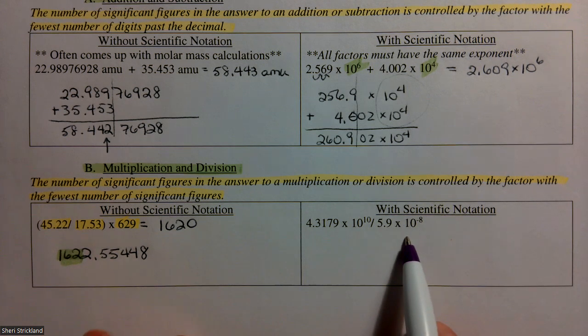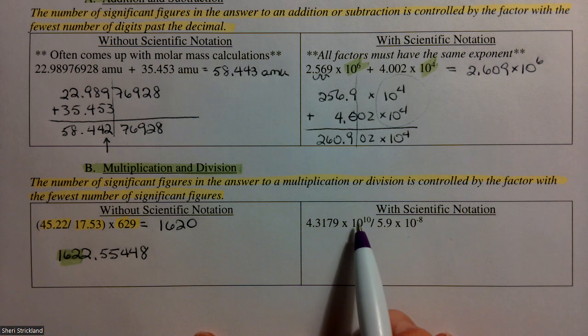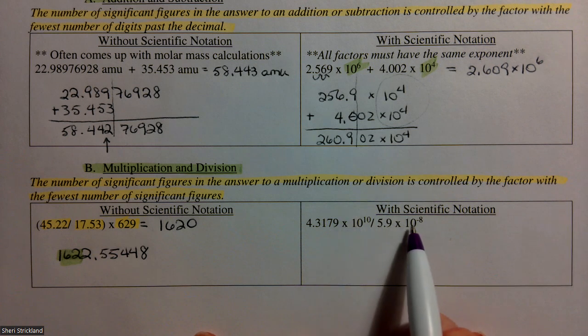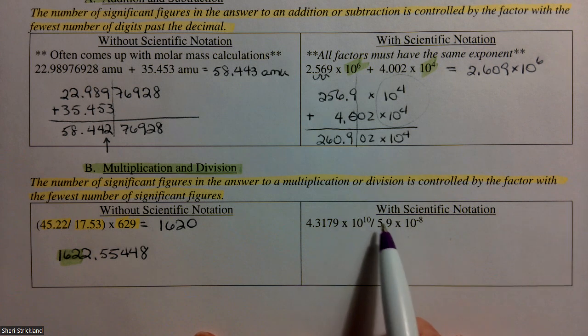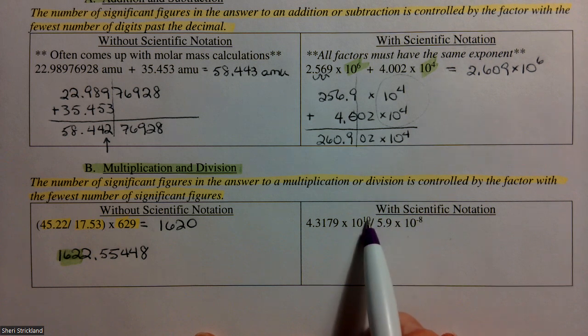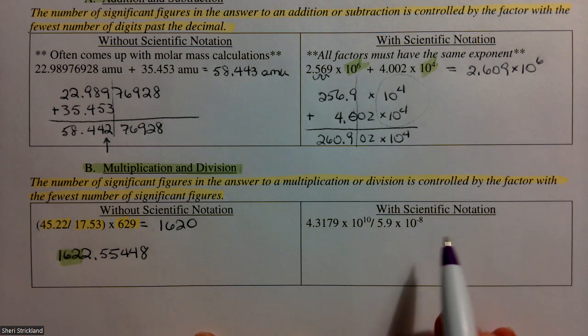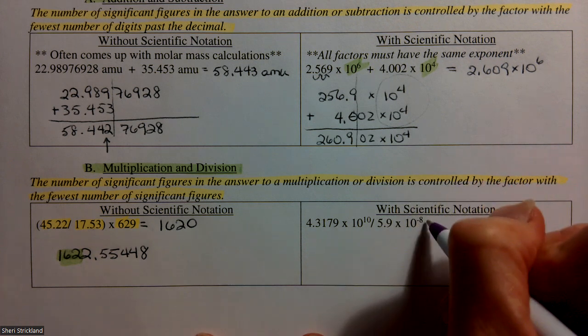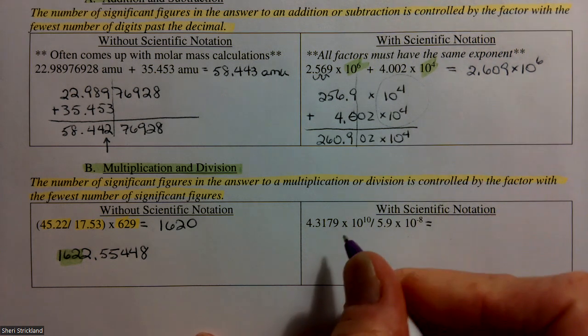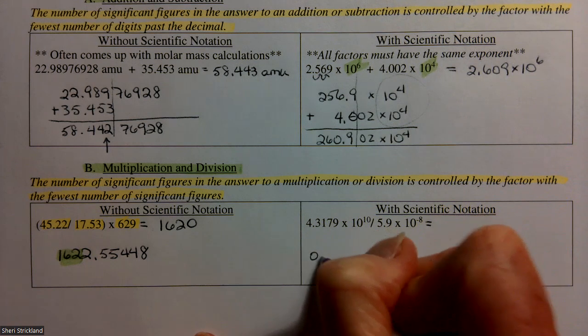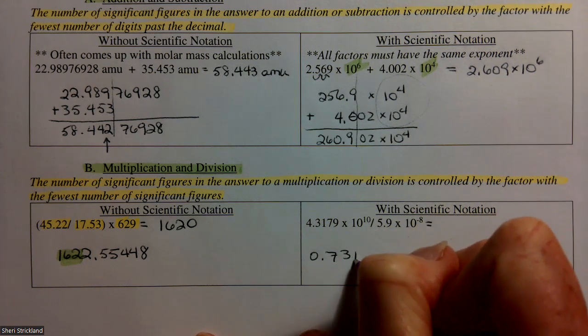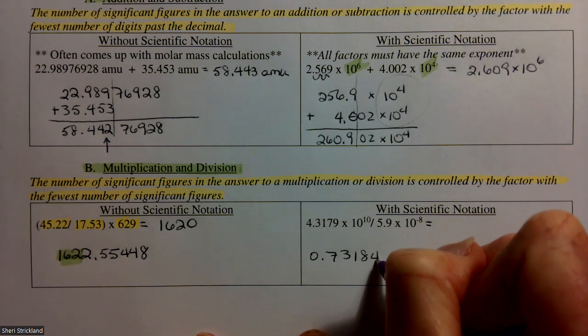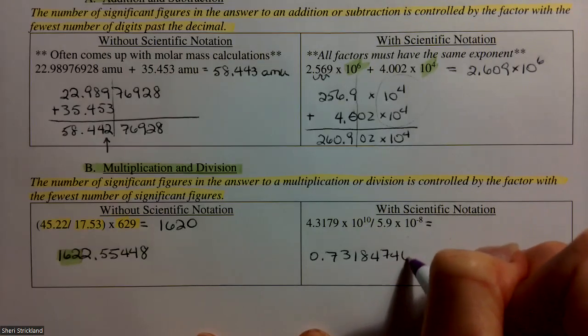Now, if you do have scientific notation, when you divide 2 factors that both have an exponent, you're going to subtract this exponent from that one. Multiplication, you just add them together. So here, I got 0.731844746.